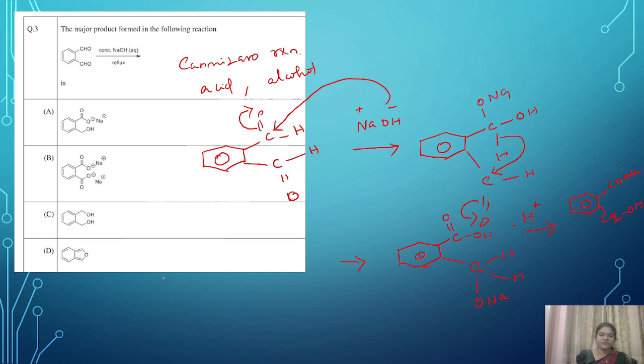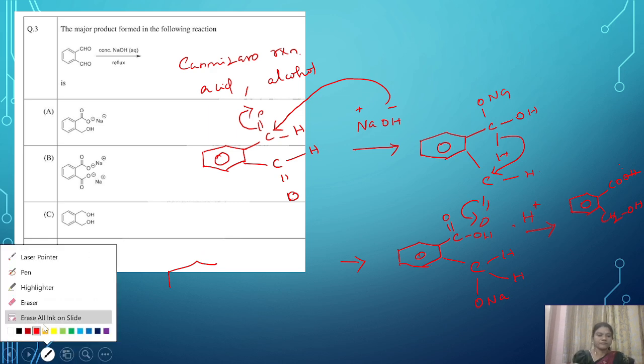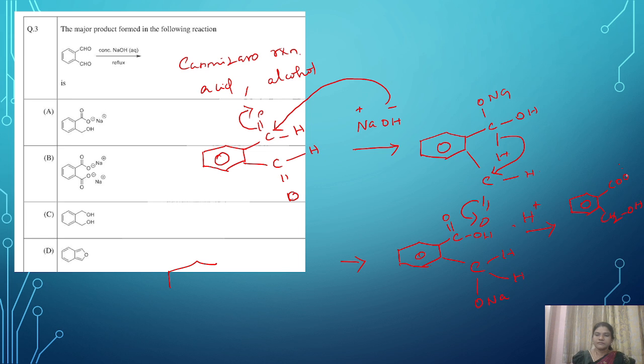Therefore, the product is this C double bond O ONa and CH2OH. Therefore the correct option is A. A is the correct option. All others, B, C, D, are wrong.